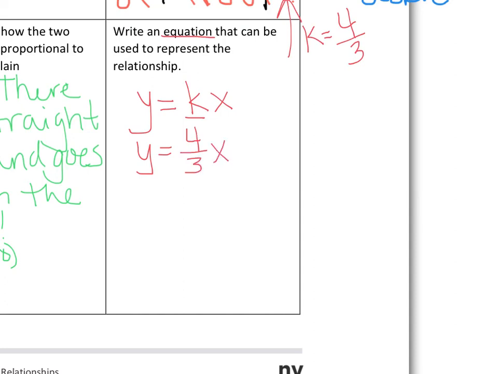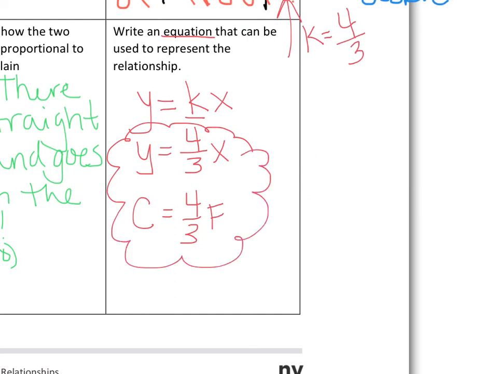And if you wanted to spice it up with your other variables, we could say that C for cookies equals 4/3 F for flour. So I would take 4/3 times how much flour I have to figure out how many dozen cookies I could make. One of those 2 equations would represent our proportional relationship.